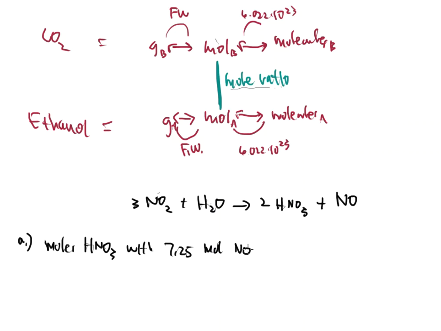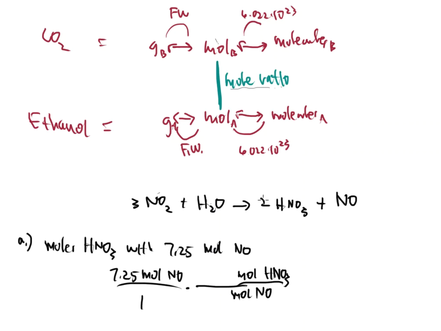I can do it. I told you in the beginning I can relate any two. Doesn't matter what they are. Any two can be related together. So 7.25 moles of NO is what they give me. Mole of NO on top, mole of NO on the bottom. I need to get to mole of HNO3 from the reaction.